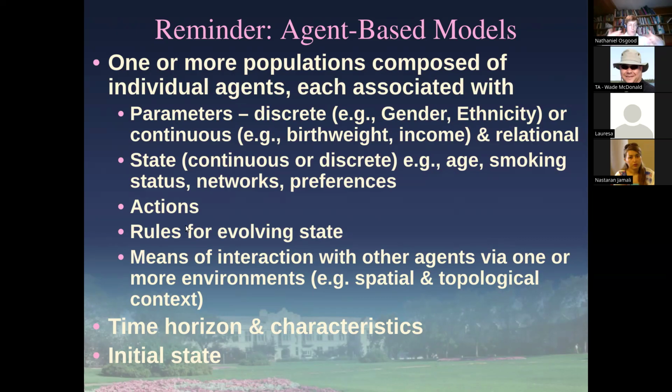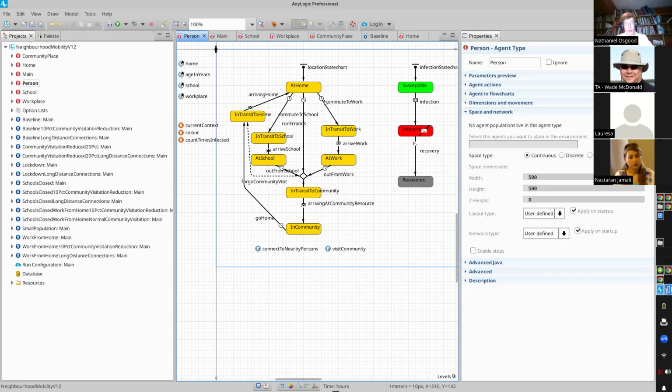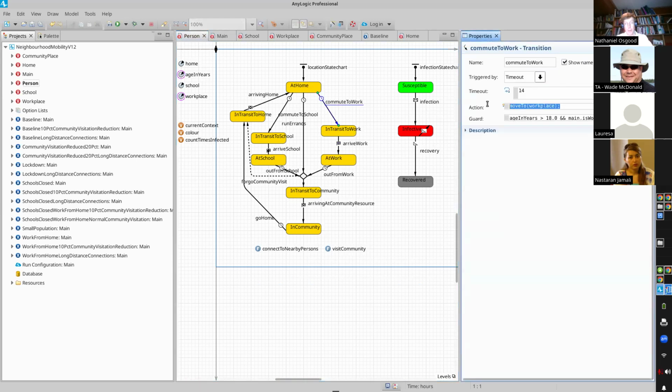It's a type of rule that governs it. This rule is fired when they arrive at their destination because they are moving to their destination. They're set moving to their destination up here. They're moving to it, and when they arrive, they go down with this state.